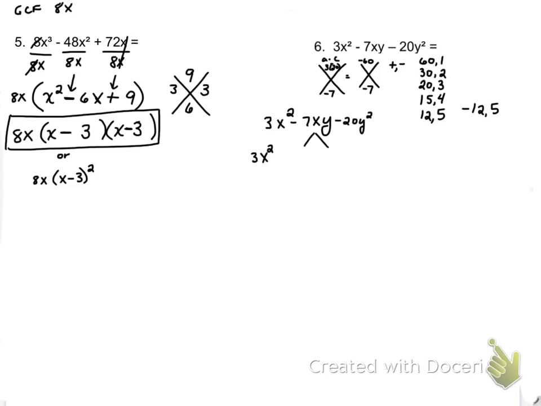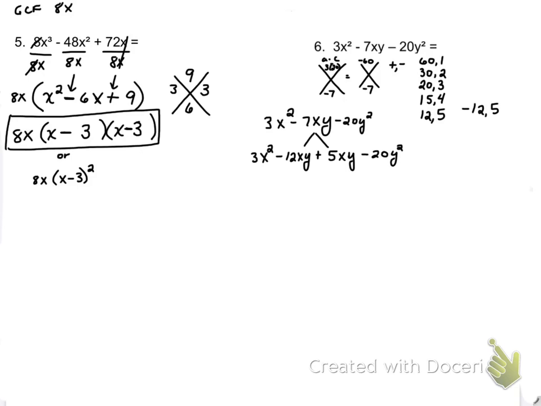Okay. Then instead of negative 7xy, I'm going to write minus 12xy plus 5xy. Now, stop a minute. Does that add to be negative 7xy? Yes. So I haven't changed anything. I've just made it two numbers instead of one number. And then I still have minus 20y squared.